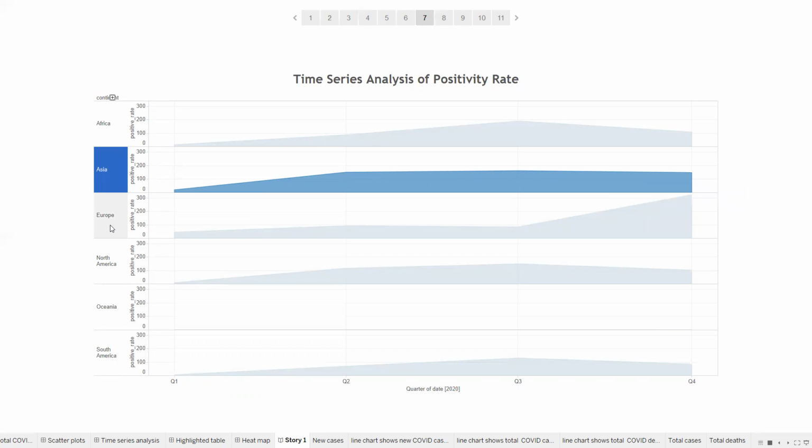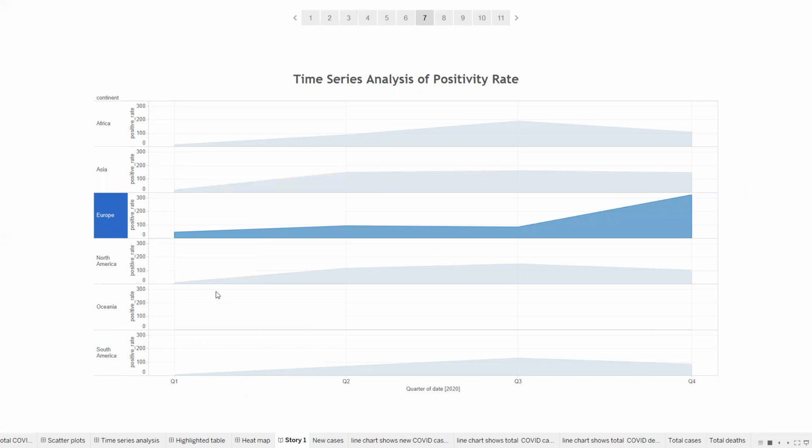And similarly, let's say for Europe, we can clearly see that from quarter first to quarter third, the positivity rate is almost at its constant value. After quarter three, it drastically increased.